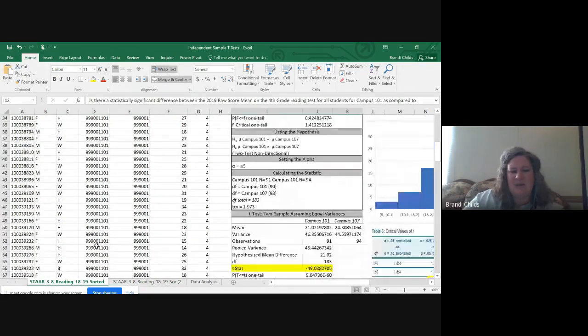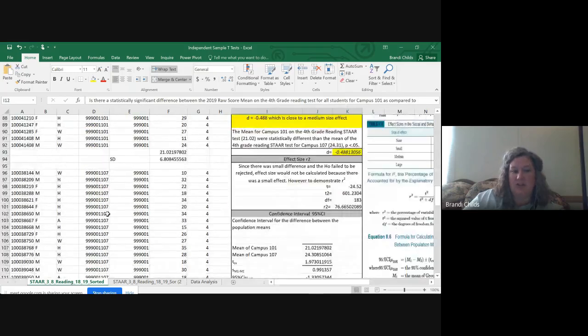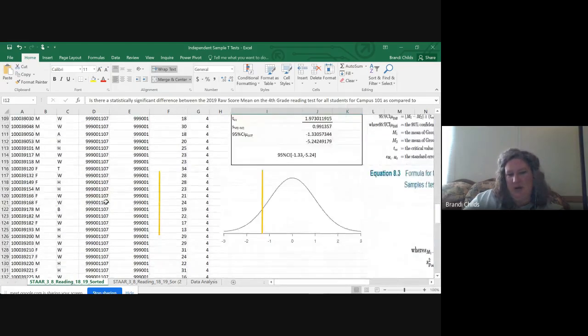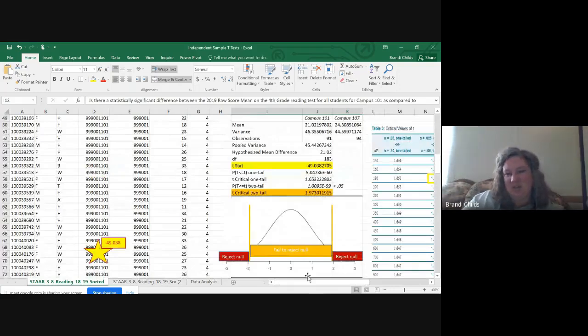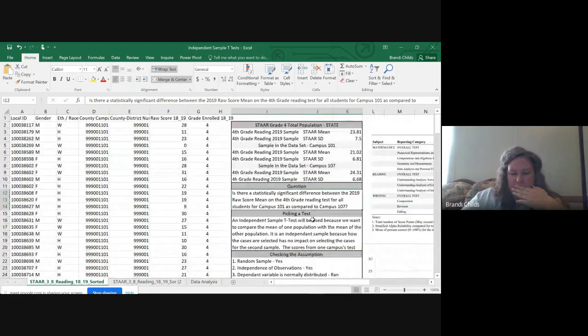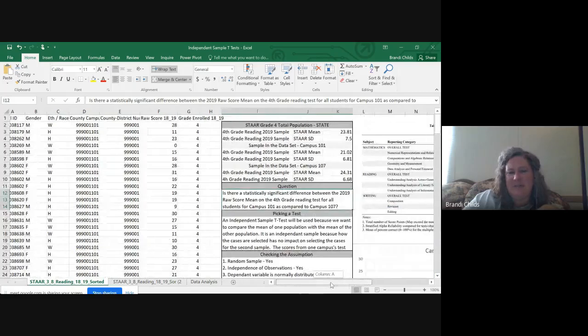So I did end up putting Campus 101 on top, and then 107 on the bottom, so I would have them both on the same spreadsheet.